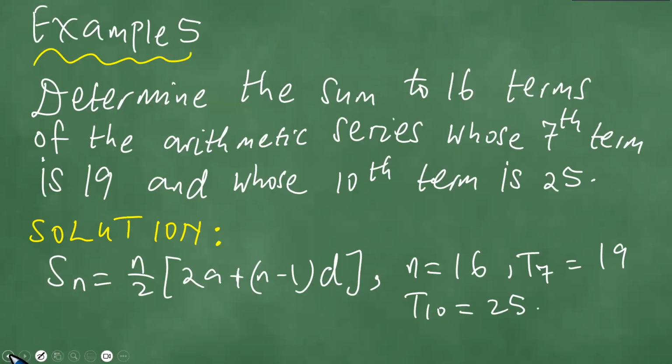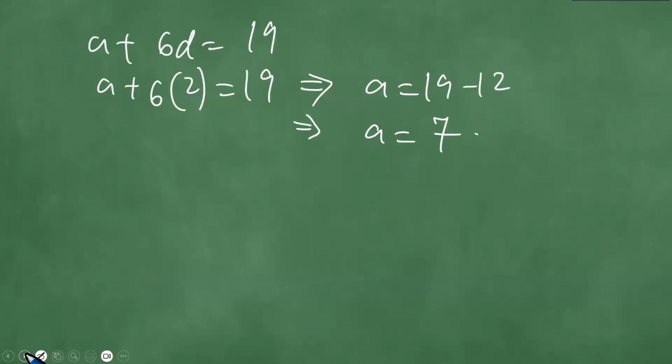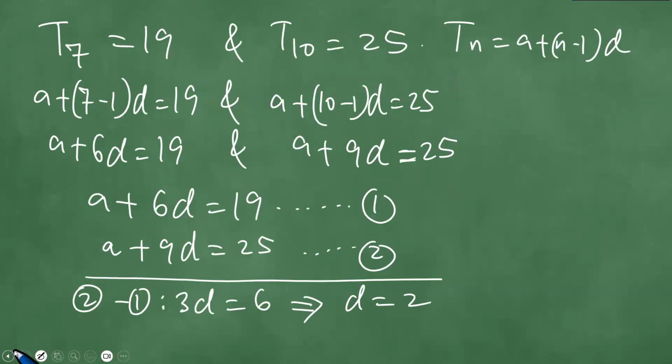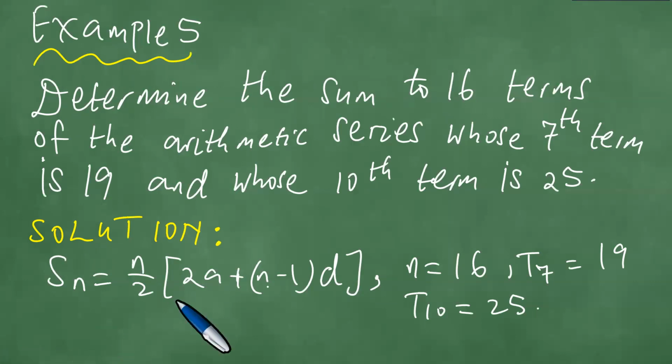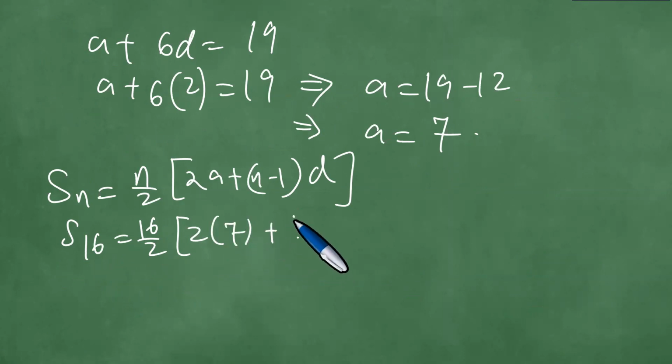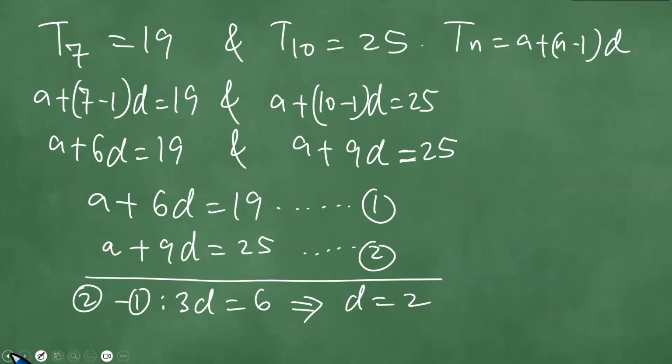Now we go back to the SN formula. N is 16, A is 7 plus 16 minus 1, D is 2.